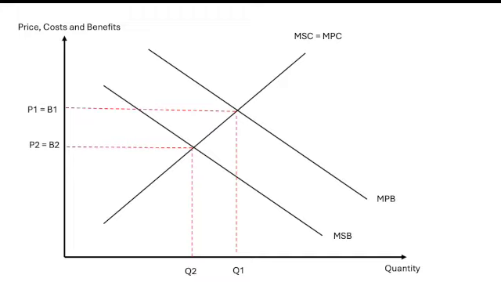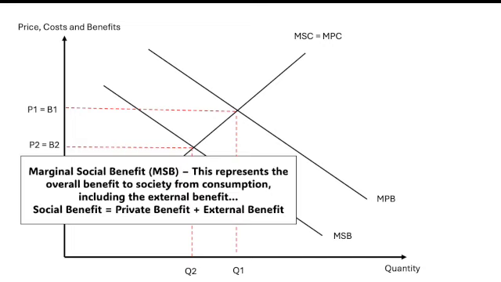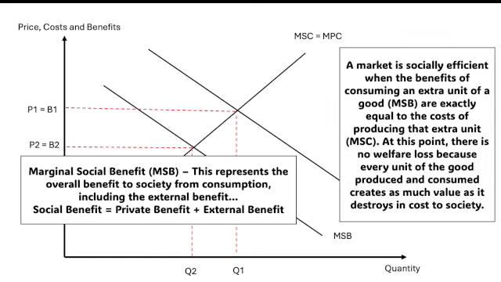So the marginal social benefit, when that equals the marginal social cost, that is the social optimum output. So the marginal social benefit is that of the private benefit plus the external benefit. Now, as we can see, because it is below the private benefit, we can almost see that this is a negative gain.